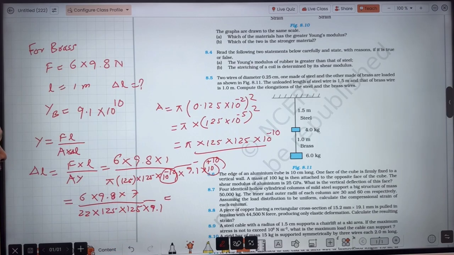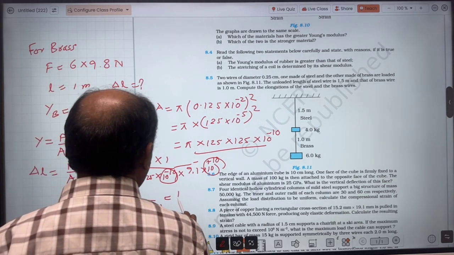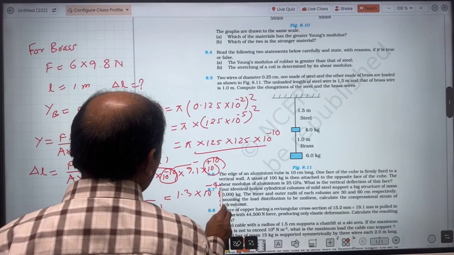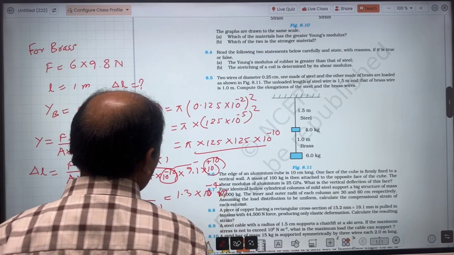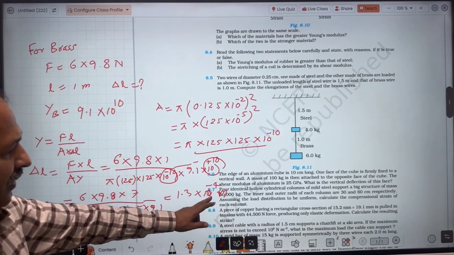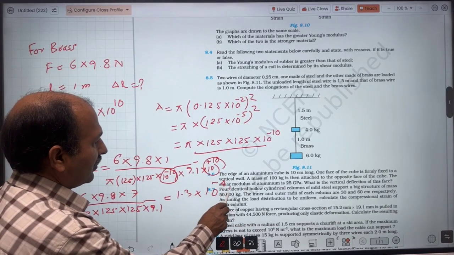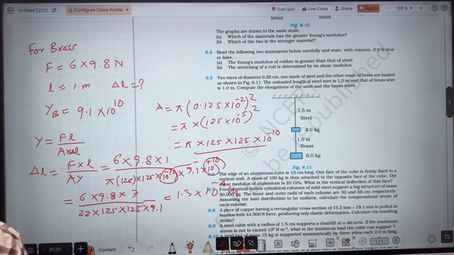You can use calculator to calculate it, just take 1 minute to evaluate. So 1.3 into 10 to the power minus 4 meter. So this is the question.